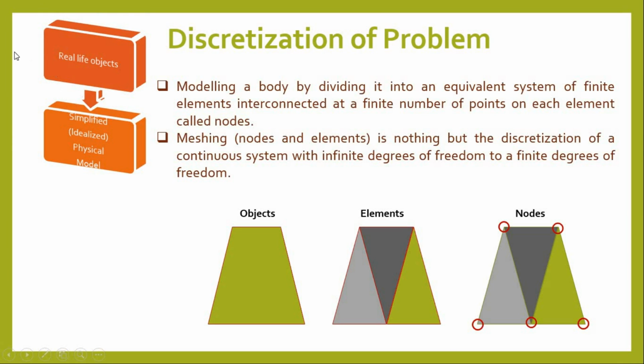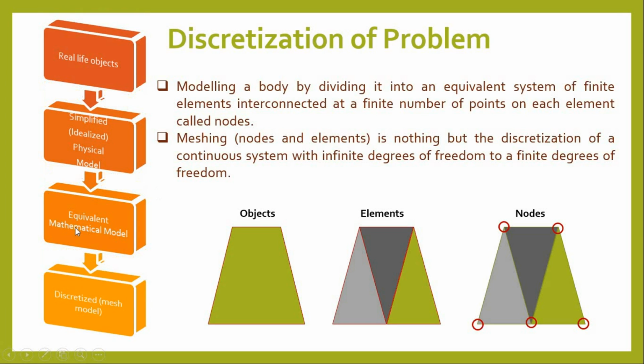When we talk about real life objects, simplified or idealized physical models, we convert them using an equivalent mathematical model. Consider an example like a blower or compressor with a real life problem: we will discretize it by creating a finite element model by doing meshing.